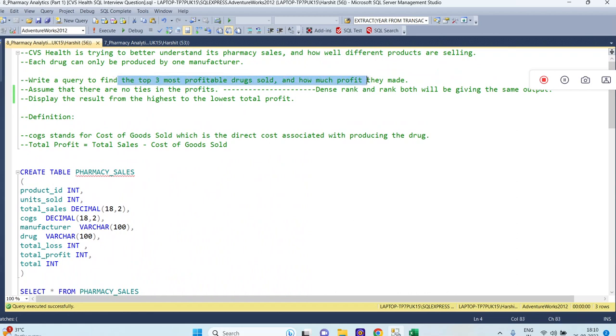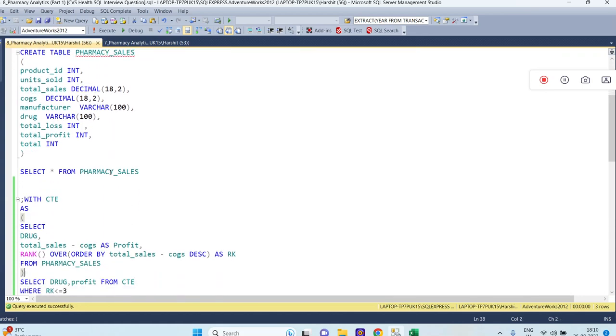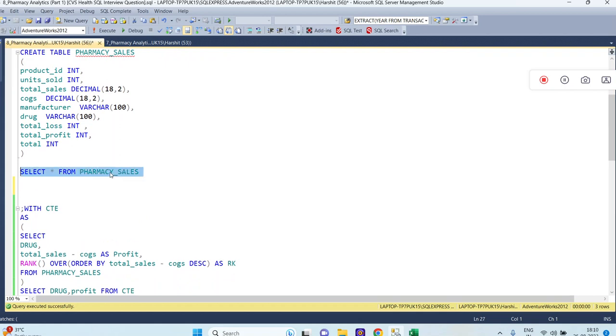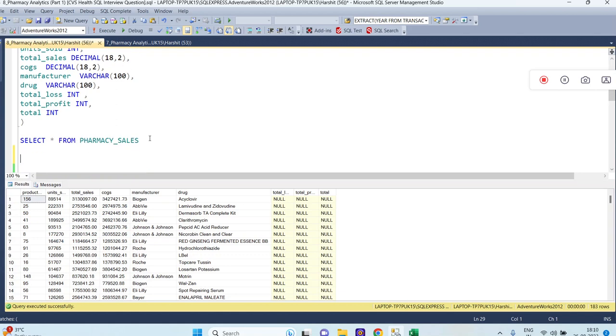Here we are finding the top three most profitable drugs. So entire table. Let me show you over here again, where total sales minus COGS.